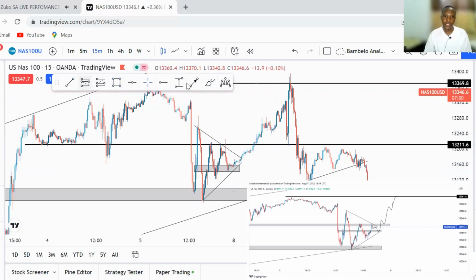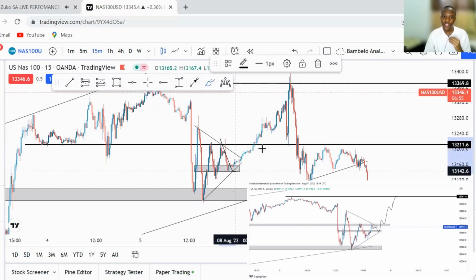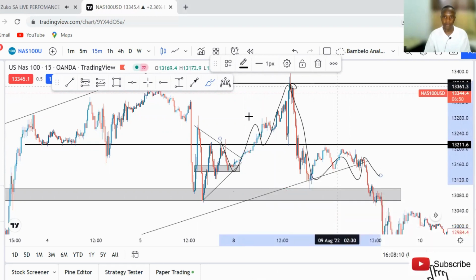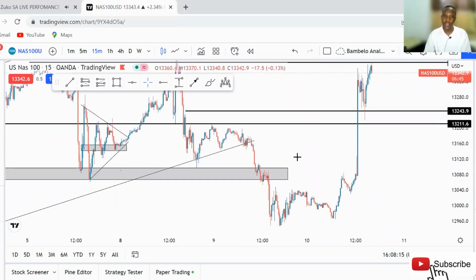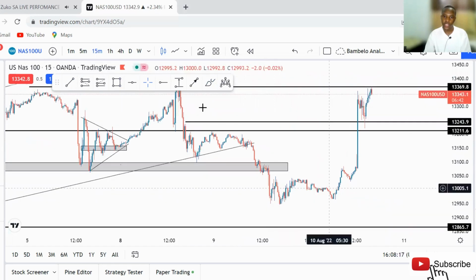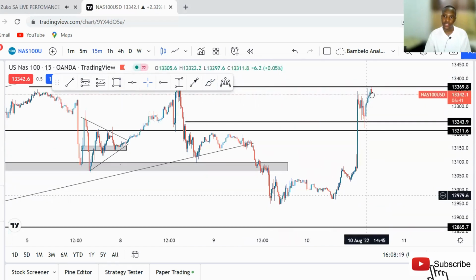And just as I had anticipated it, it came here and finally closed above and then gave us that touch, and then it went to the downside. Then it finally broke below, gave us the support level and pushed onto the upside.